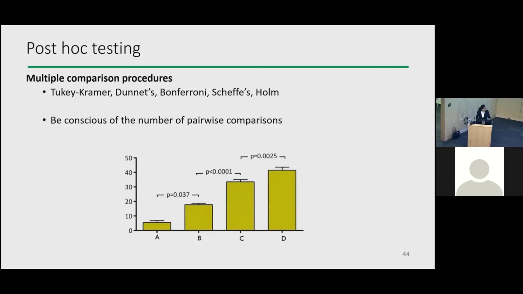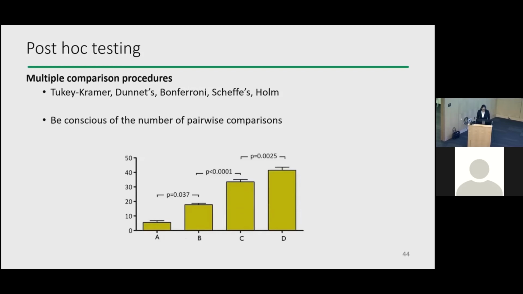For instance, in this infographic, we are comparing if the mean is different between group A and B, B and C, and C and D. Always be cautious of the number of pairwise comparisons this infographic has presented. This infographic only shows 3 different comparisons in the 4 groups, but in actuality, there is a possibility of 6 comparisons in total.